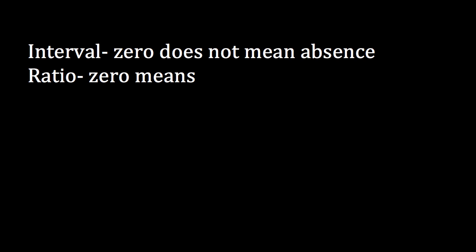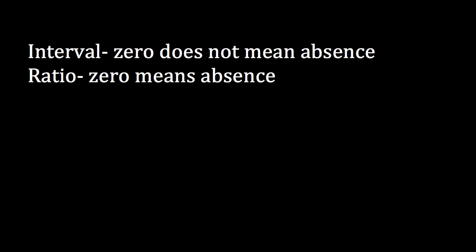And this can be either interval, which means 0 does not mean absence of whatever they're measuring. For example, 0 degrees Celsius is not the absence of temperature. And ratio is that 0 means absence.